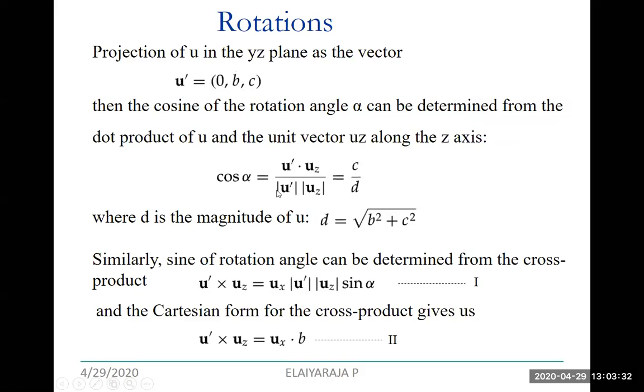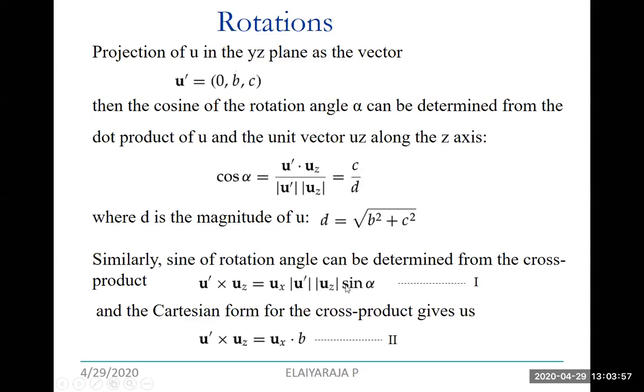So when you calculate cos alpha from u dash and uz, with the magnitudes of u dash as well as uz, you get the value c by d. So your d value is the root of b square plus c square.